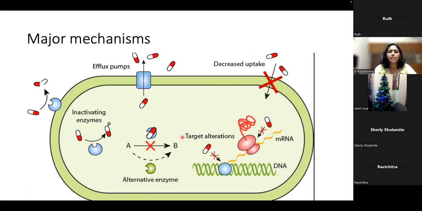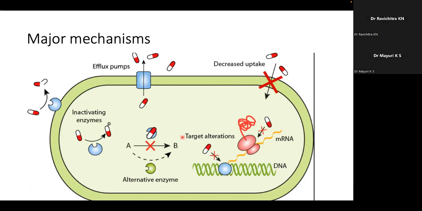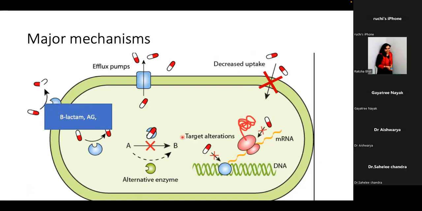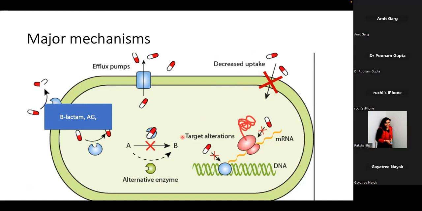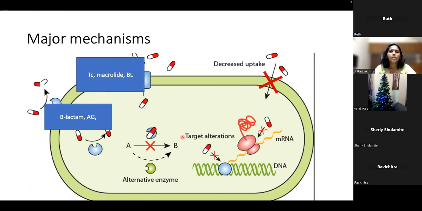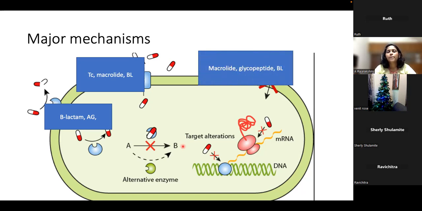Then let us see which antibiotics develop resistance by which mechanism. The predominant mode of resistance by inactivating enzyme is for beta-lactam and aminoglycoside. Efflux mechanism is commonly seen in tetracycline, macrolide, and beta-lactam, especially the Pseudomonas group. Decreased uptake is seen in macrolide, glycopeptide, and beta-lactam.